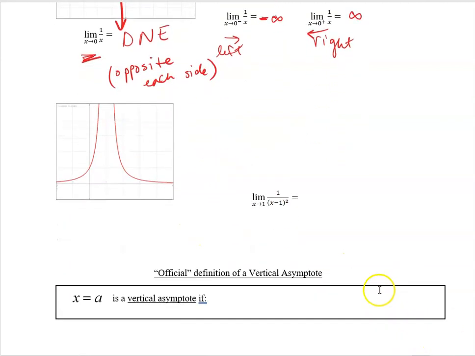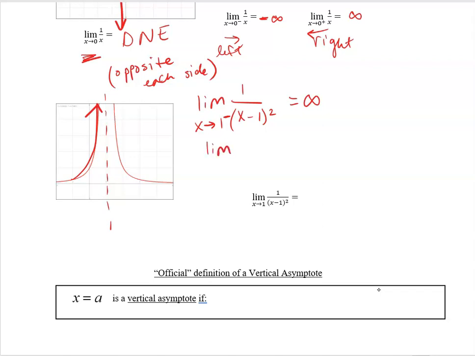In contrast, look at this example. We're looking at the limit as x approaches 1. If I said to you, what is the limit for this function pictured to the left as x approaches 1 coming from the left, here's 1, by the way, that would be coming from this direction. Notice that we're going to positive infinity.